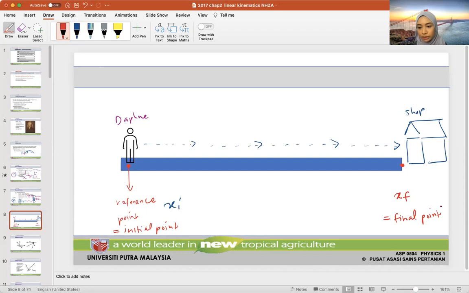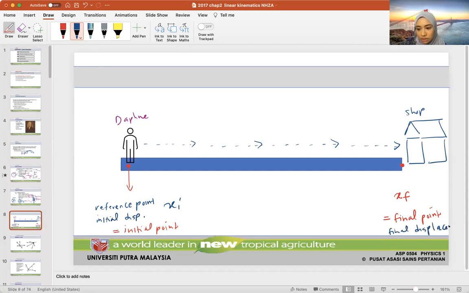Final point ataupun her final displacement. This is the initial point, final point ataupun, let me write this nicely. This is reference point ataupun initial point and then initial displacement. Initial displacement, final point, and also final displacement.